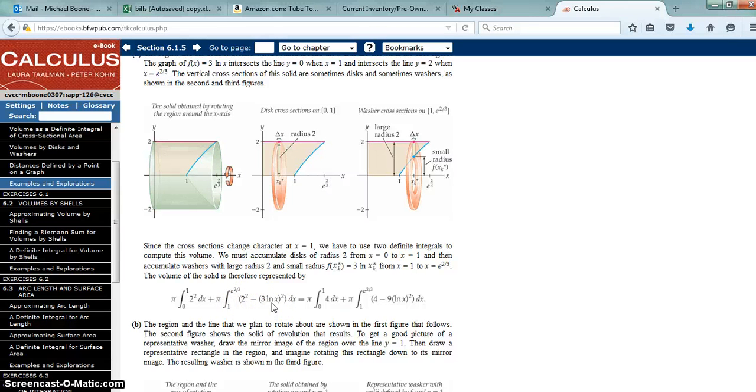So that's how we integrate this particular one that has us looking at the volume when we're looking at almost like a piecewise function. We're going to split it up because it's something from 0 to 1, and then it's something else from 1 to e to the 2/3.